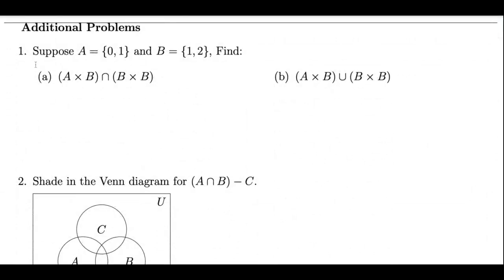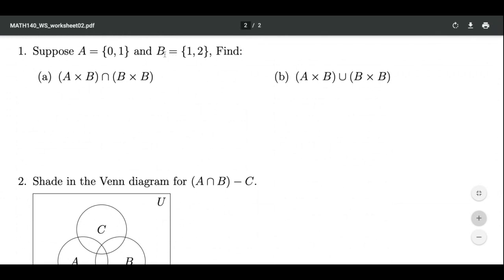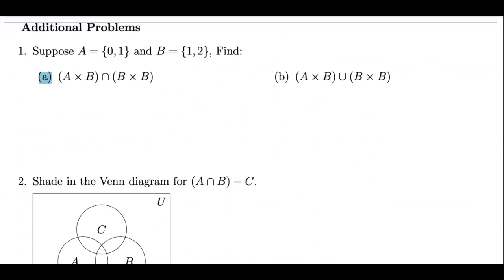So let's say number 1. Suppose A is a set of 0, 1. B is a set that contains 1 and 2. So find A cross B intersect B cross B. Okay, let's do A. Everybody do A. Let's see, then type your answer into the chat.